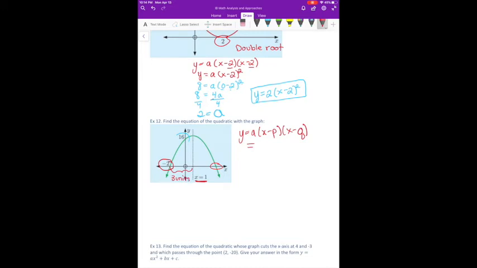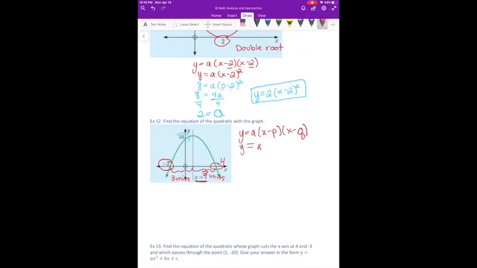Okay, so since between negative 2 to 1 is 3 units, that means from 1 to whatever this 0 is is also 3 units. Alright, so from 1 adding 3 units gives us an x-intercept of 4.